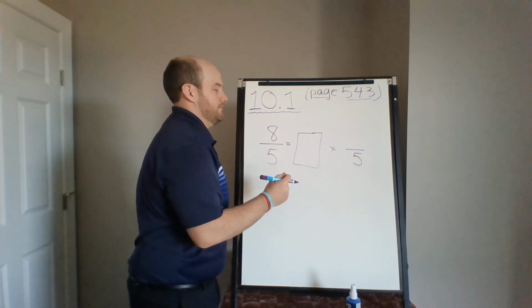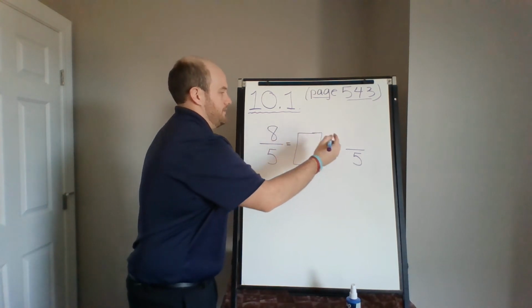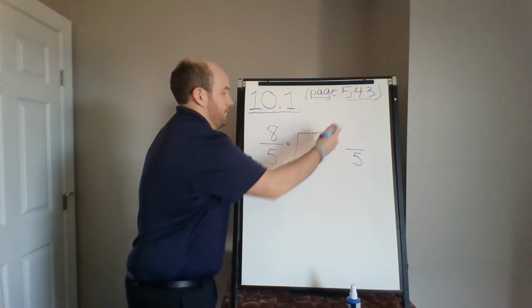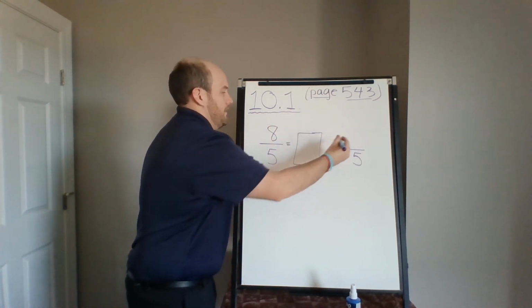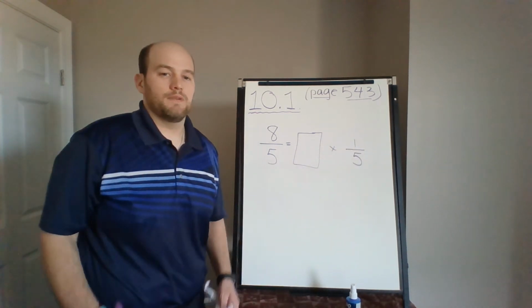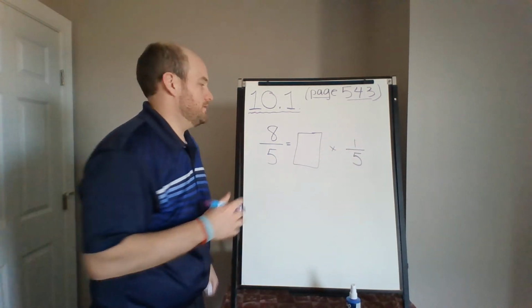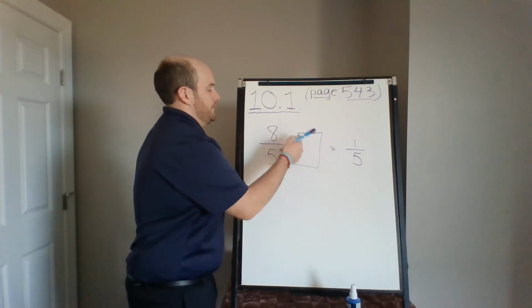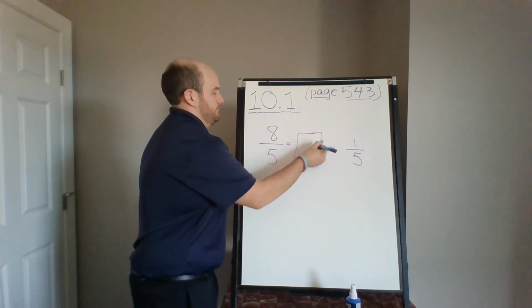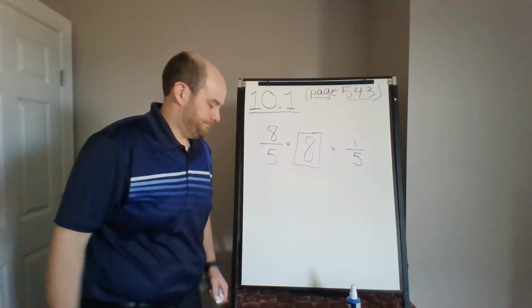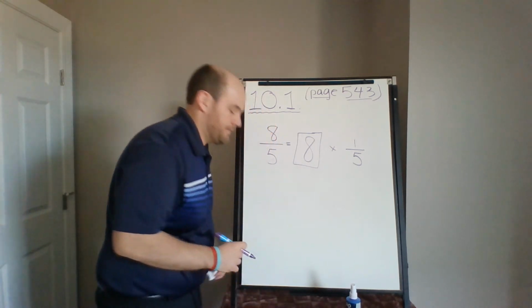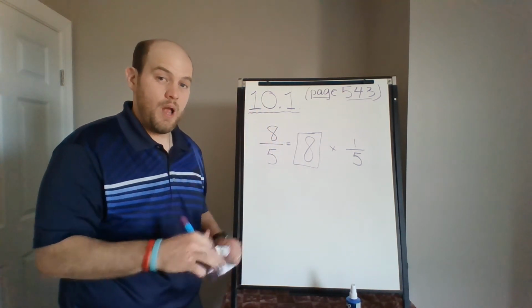It's a unit fraction, a benchmark fraction. That's kind of what we've been working on. Unit fraction means benchmark fraction, 1/5. 1 times what gives me 8? 8. So that is your answer for number 15, and you only have one more to do.